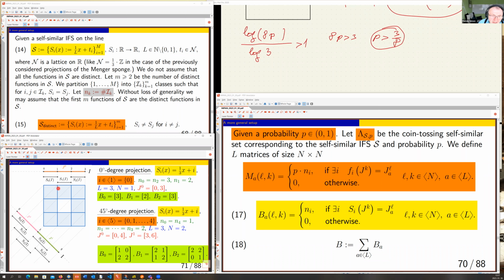Now, when you take this projection, so this is the iterated function system. Better to talk about the 45 projection. Then when you take this projection, what kind of mappings do you have here? So here there are 8 squares. You project them down, and you see that this square will come to this interval.